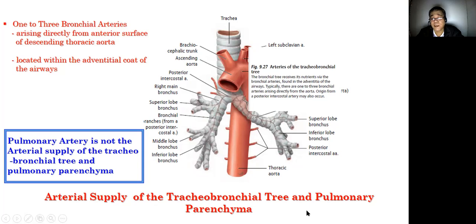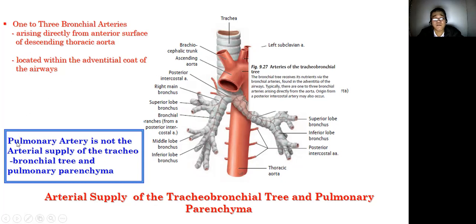The pulmonary parenchyma, or the lung itself, receives oxygenated blood and nutrients from the bronchial arteries. There are actually three bronchial arteries. They are direct branches from the anterior surface of the descending thoracic aorta.